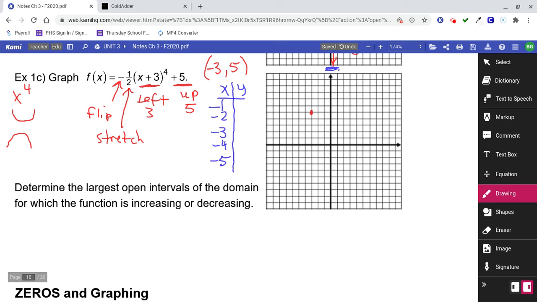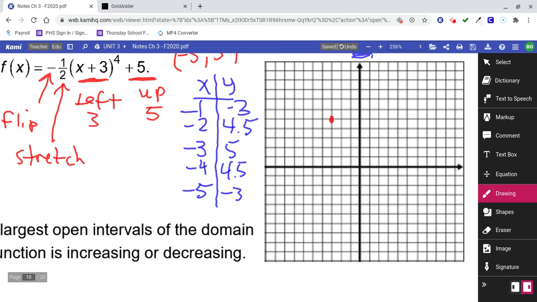If I plug in -1, I get -3. If I plug in -2, I get 4.5. -3 gives me 5. We already did that one. -4 gives me 4.5. And -5 gives me -3. We can do more numbers if we want to, but those are just the numbers that I chose.